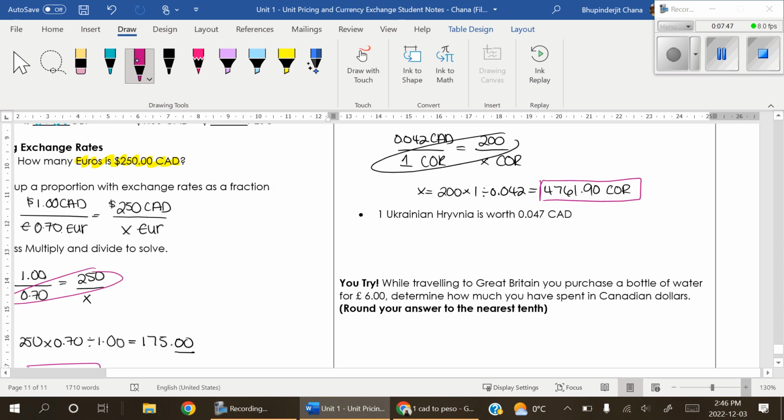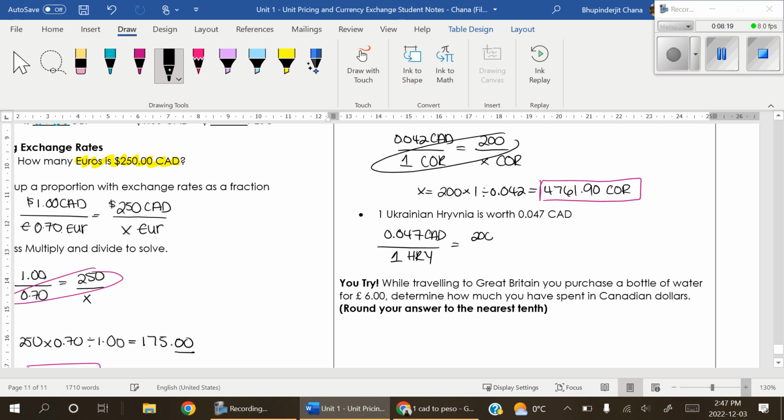1 Ukrainian hryvnia is worth 0.047 Canadian. So we set that up. 0.047 over $1 Canadian is equal to 1 HRY over X. Sorry, messed up here. That should be 200 Canadian divided by X. Make my circle.